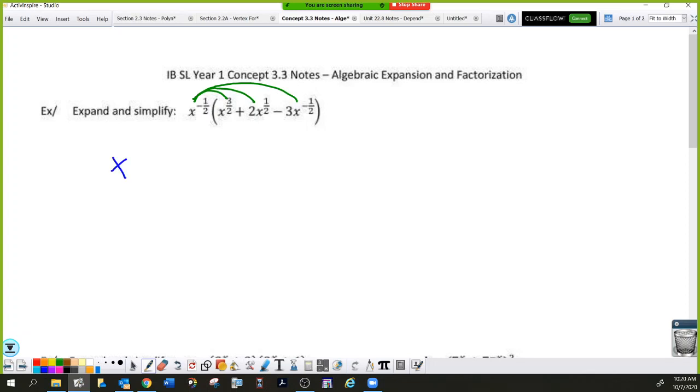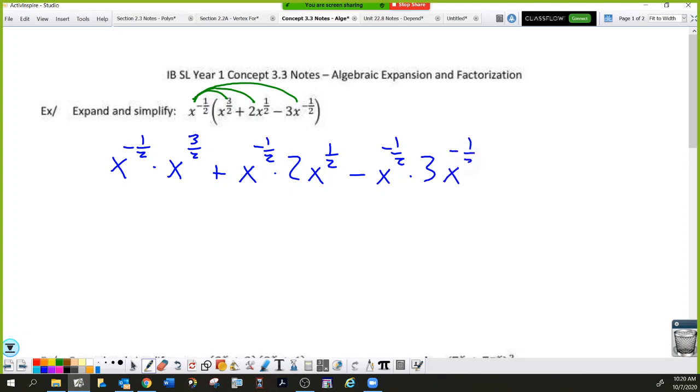So that gives us x to the negative 1/2 times x to the 3/2, plus x to the negative 1/2 times 2x to the positive 1/2, minus x to the negative 1/2 times, and since I've already written the minus, 3x to the negative 1/2.